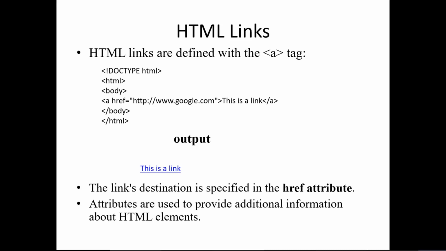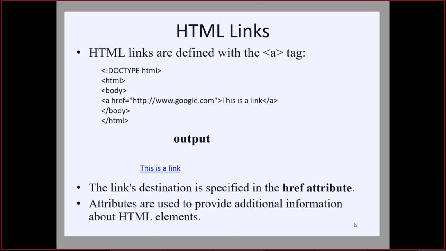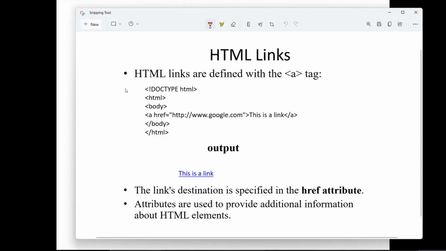So how do we mention an HTML link? Let's take an example. Here, doctype HTML tells that this is an HTML document. We have the HTML starting and ending tags, and the body starting and ending tags. Inside body, we have used the a tag, which represents the anchor tag, followed by the href attribute.